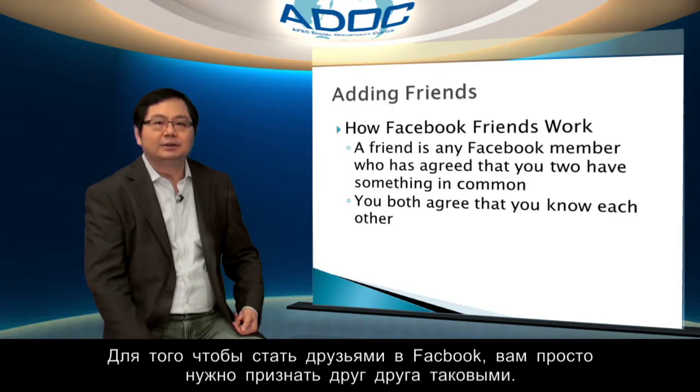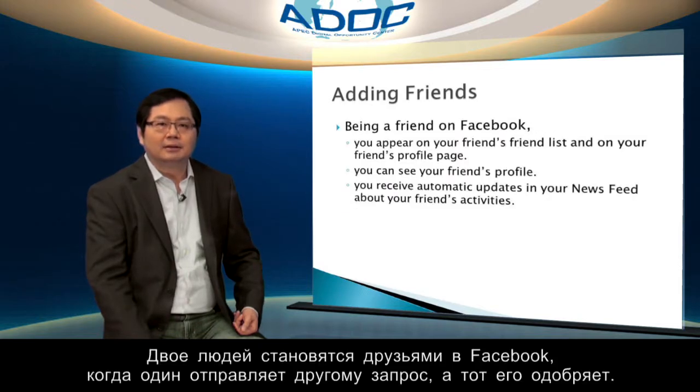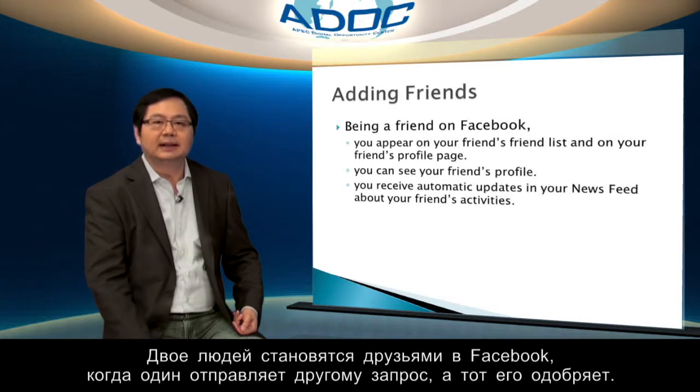What you need to be friends on Facebook is that you both agree that you know each other. Two people become Facebook friends when one person extends an invitation and the other person accepts it.